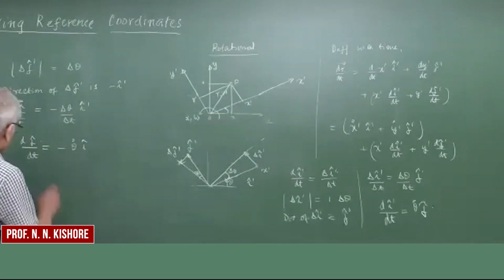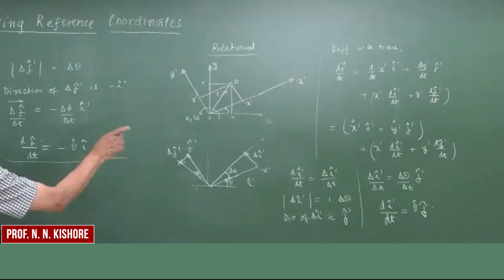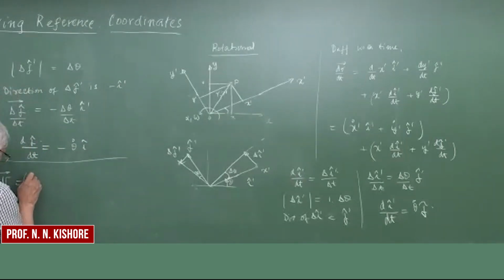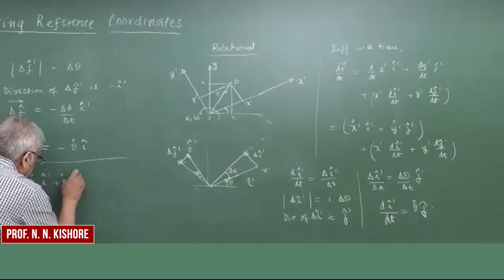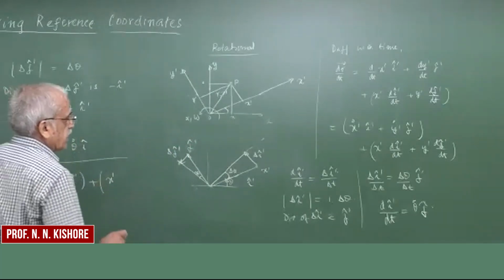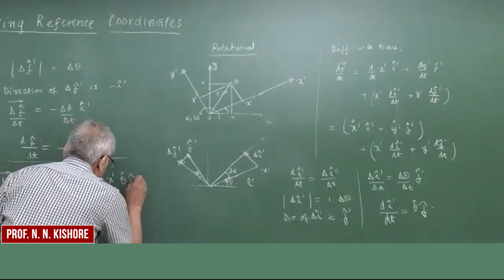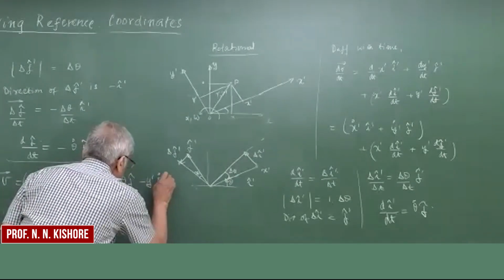So finally, if I write that expression, the velocity is x dot prime i prime, plus y dot prime j prime, and then x prime di prime by dt, which is nothing but theta dot j prime, and y prime times minus theta dot i prime.